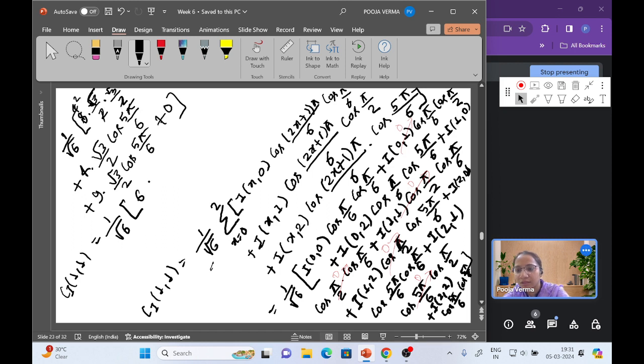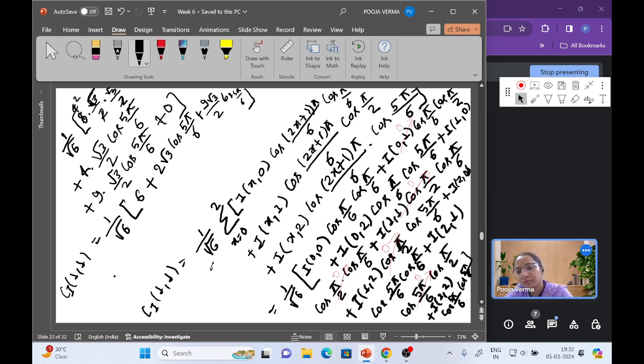So 6 plus 2 root 3 cos 5 pi by 6, plus 9 root 3 divided by 2, divided by 3 cos 5 pi by 6.